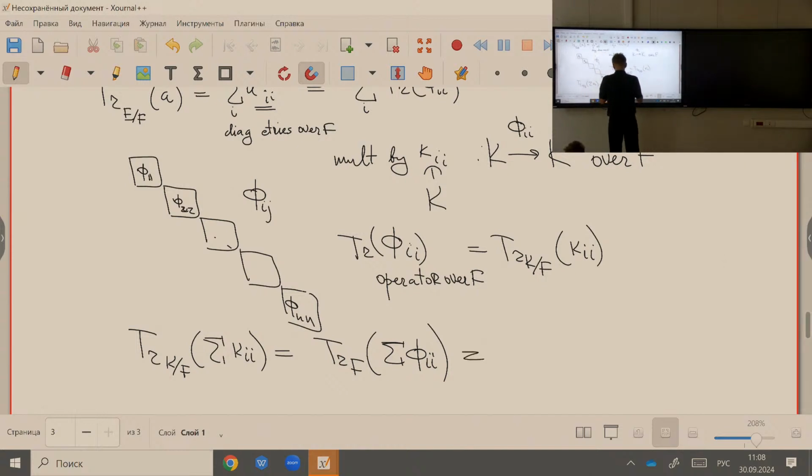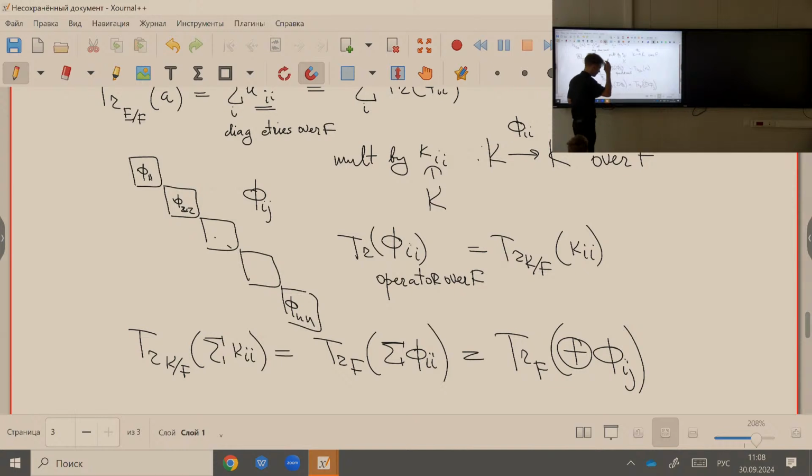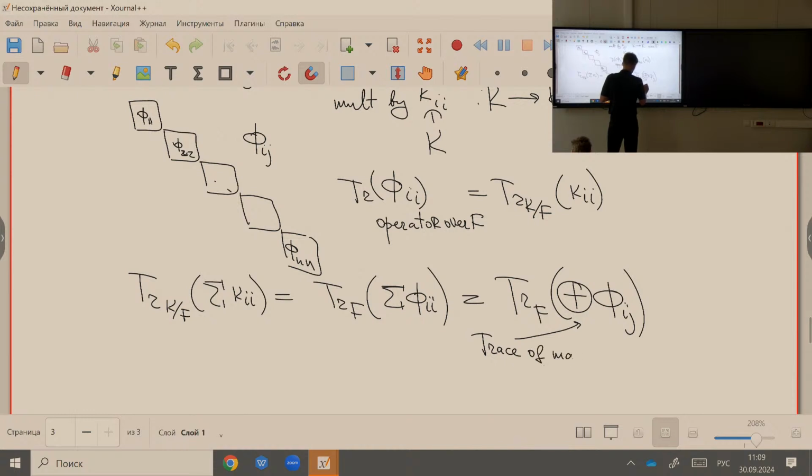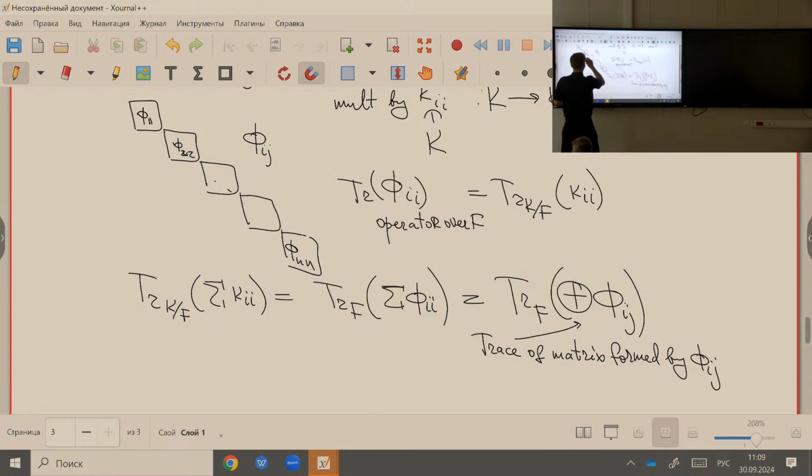It is equal to the trace over F of the sum of all operators of phi_ij. Meaning this is the trace of the sum of the operators, and this is the trace of the whole matrix formed by F_ij.